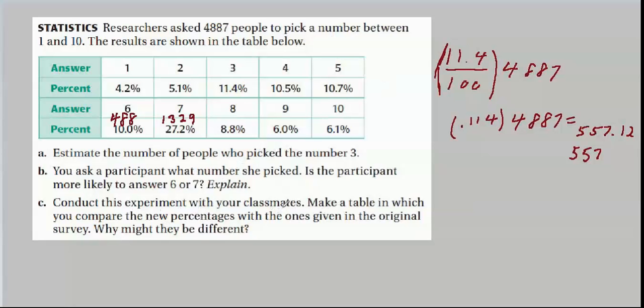If you had 10 different types of ice cream and asked people what was their favorite, and you had this sample of 4,887 people, and then you took a whole different set of people, why in the world do you expect to get the same numbers? In one group, maybe 10% of them liked strawberry ice cream. In another group, 15% liked it.